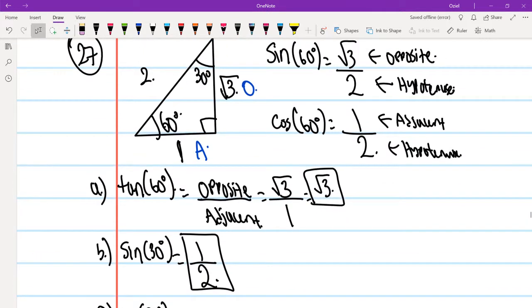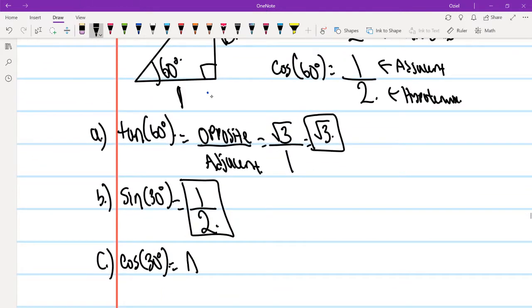This would be your adjacent side, and this would be your hypotenuse. So you would say the square root of 3 over 2 for that one.